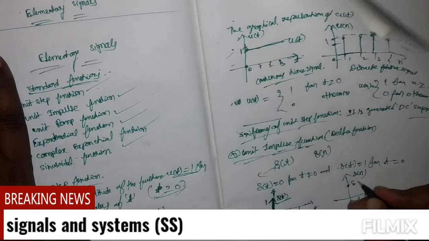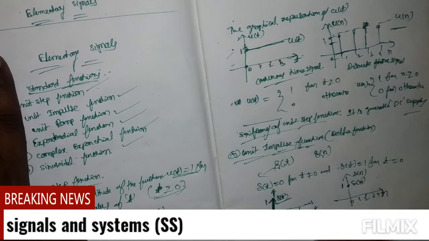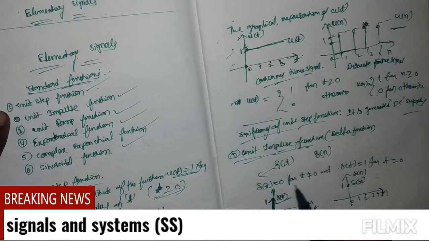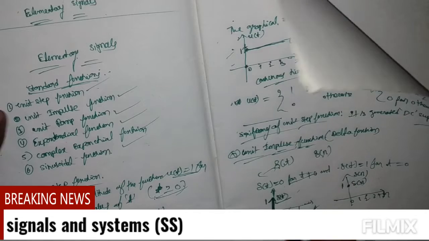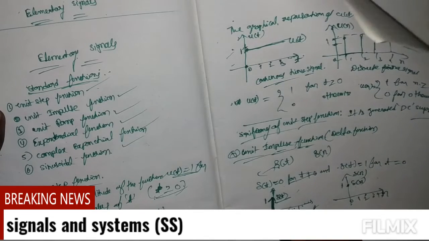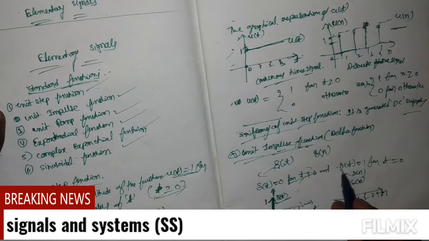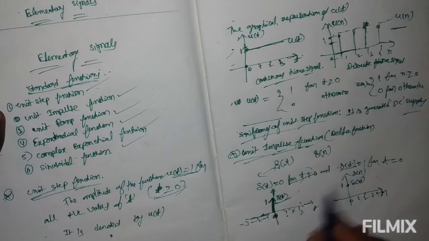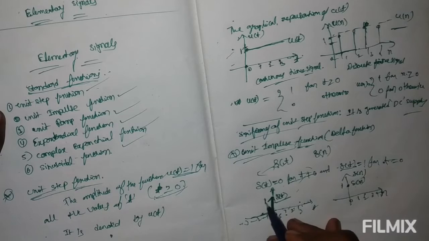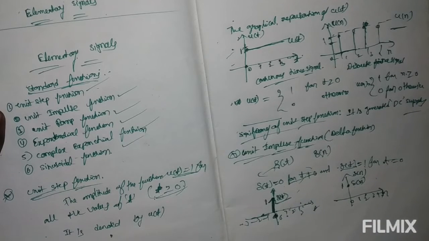The value is 1. In this, delta of t equals 0 for t not equal to 0, at minus 1, minus 2, minus 3 and 1, 2, 3. When t equals 0, delta of t equals 1. This is the unit impulse function.